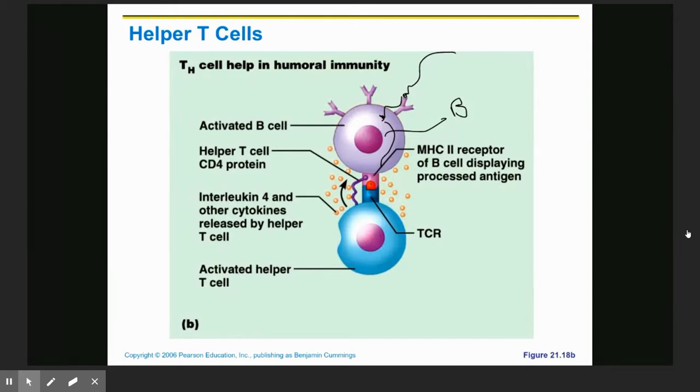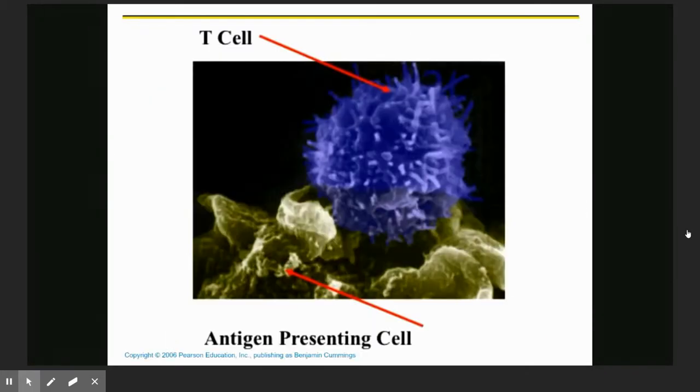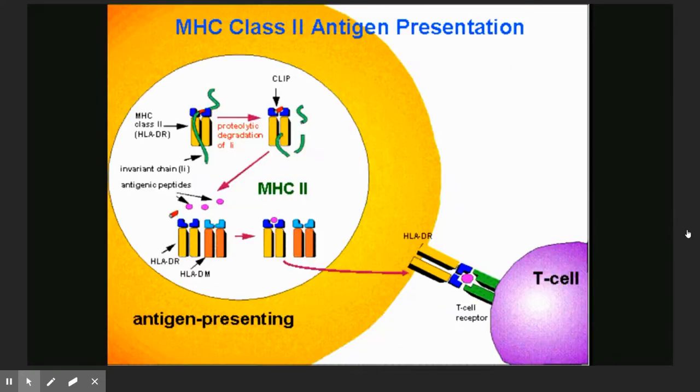And then it went and found a T cell. Remember, we know this is a T helper cell, and the T helper cell released these cytokines and activated the B cell. And then it started dividing and all that. So we already know B cells are a type of antigen presenting cell, but they're not the only type.